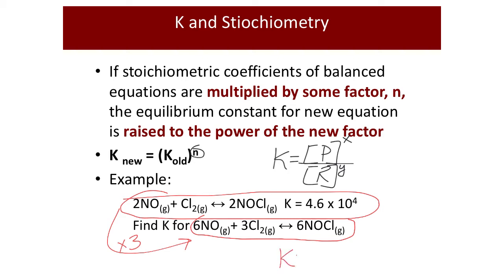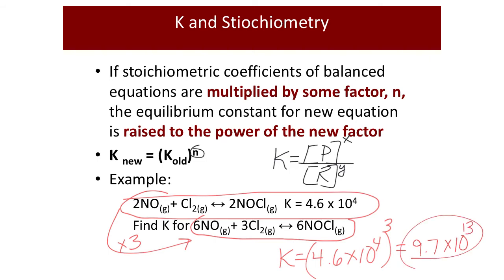So my new K is going to be equal to the old one, 4.64 times 10 to the 4th, to the 3rd power, because you'd be changing all of the coefficients. So you'd be changing all of the powers in the K expression. So you just change the power. Then we put that into our calculator, and that gives us 9.7 times 10 to the 13th as our new value.